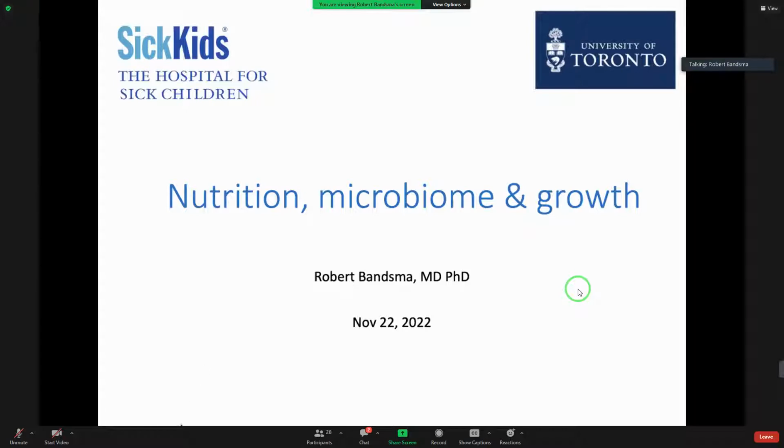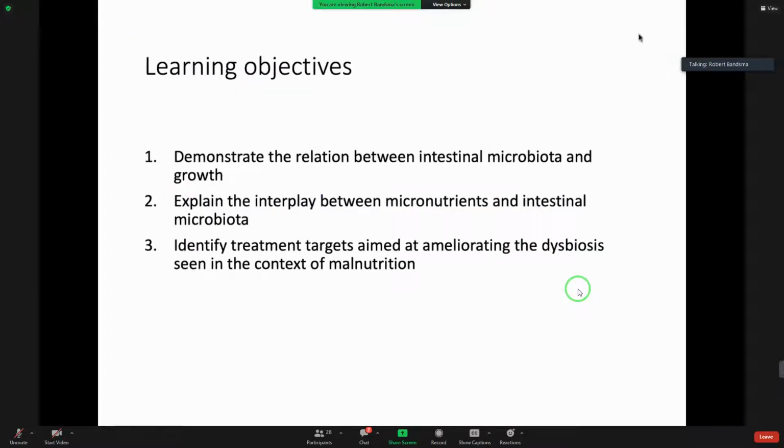So I have three learning objectives. The first is to demonstrate the relationship between the microbiome and growth. And secondly, to explain the relationship between micronutrients and intestinal microbiota.